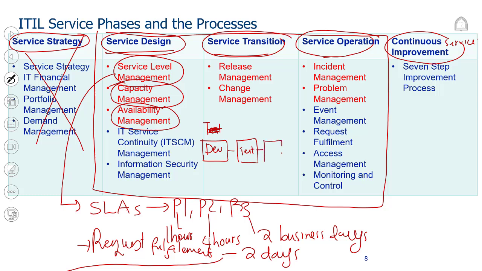And then pre-prod, for example. This is where you do the actual testing to make sure that you can accommodate, for example, the loads that you can have in production, and then finally you move to the production environment.